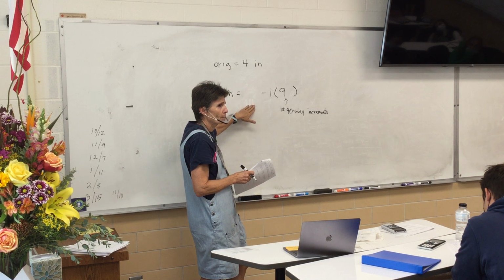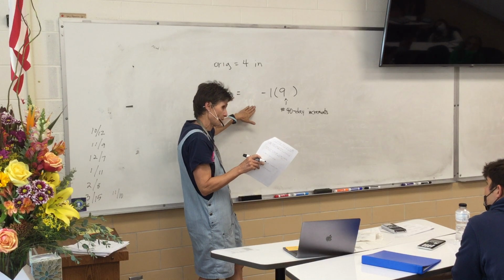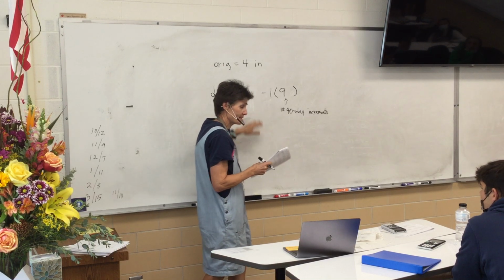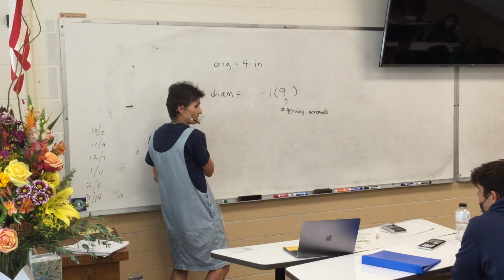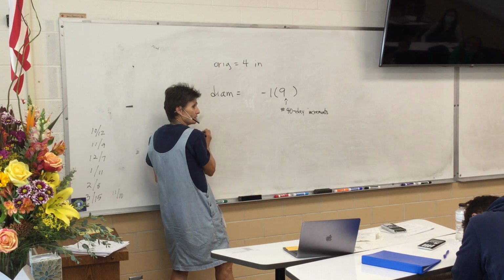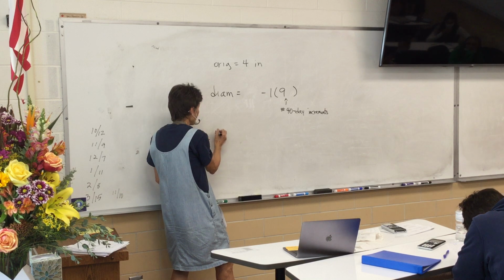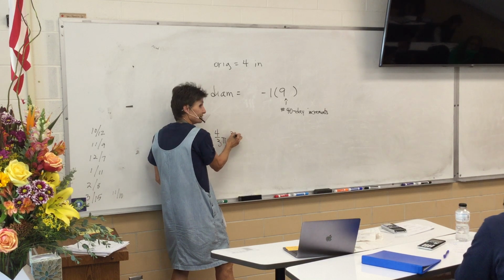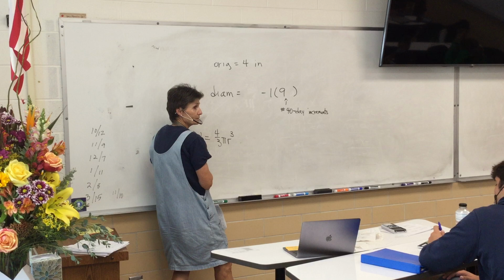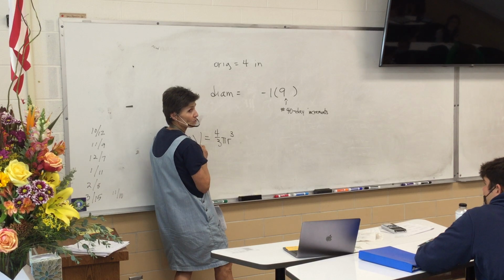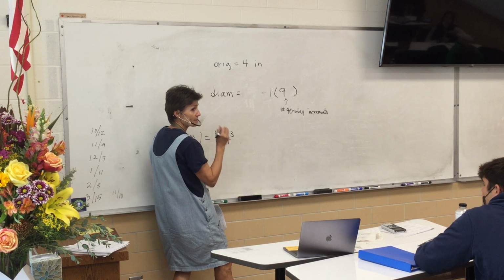I started with a 4-inch diameter. So how much volume is that? What's the volume of a sphere? 4/3 pi r cubed. Right? You should remember that somewhere back there in the recesses of our mind.